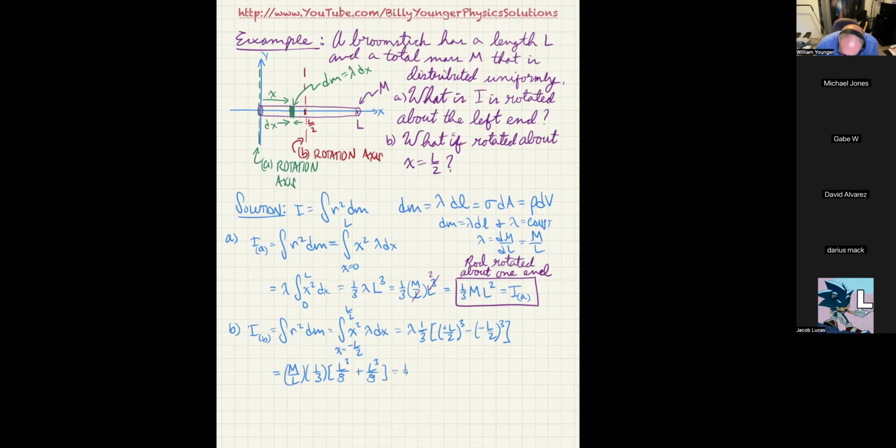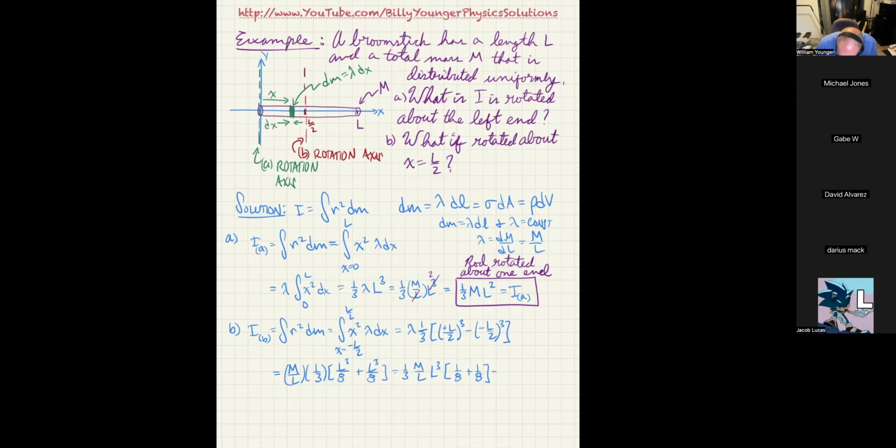So that is 1/3 m over L times L cubed times 1 over 8 plus 1 over 8, which is obviously 2 over 8, which is 1/4.